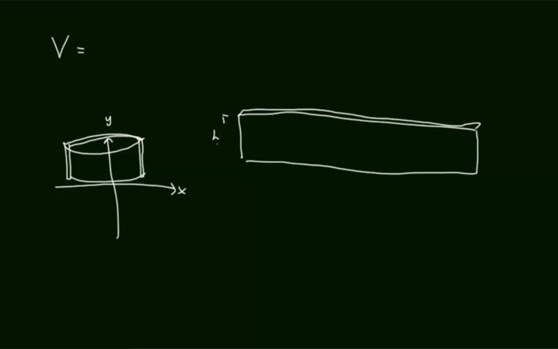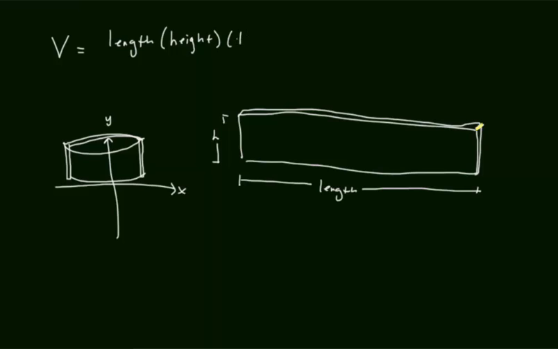Well, if we call this the height, this the length, and this little sliver the thickness, then the equation for the volume is clearly going to be length times height times the thickness.